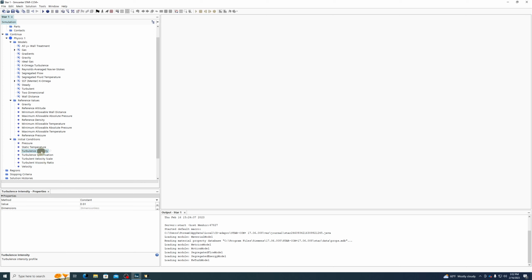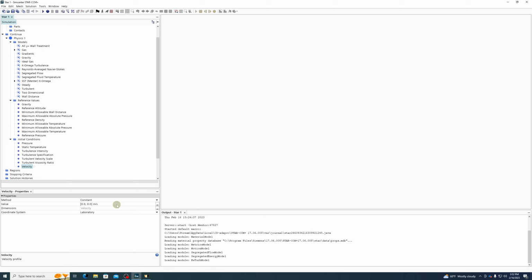It will give it some parameters for viscosity and turbulence by default. Usually the turbulence values are fine by default. You might want to update the velocity. You might need to update the temperature. You might need to update the pressure. It depends what you're doing.